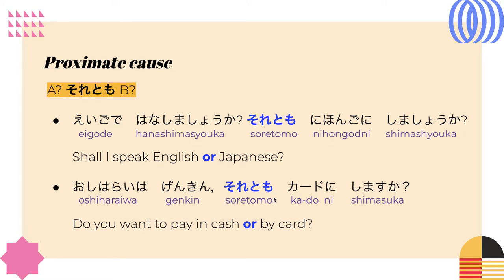And then それともカードにしますか means, or should I do it with card?